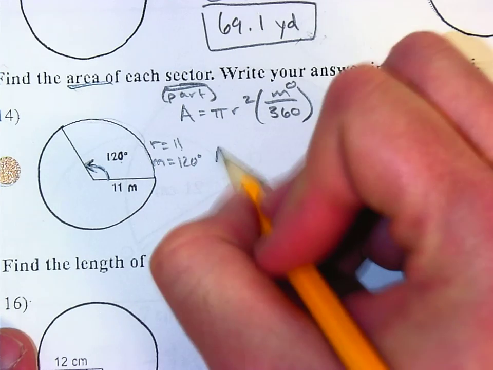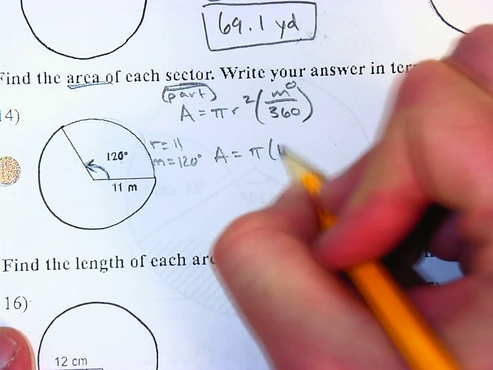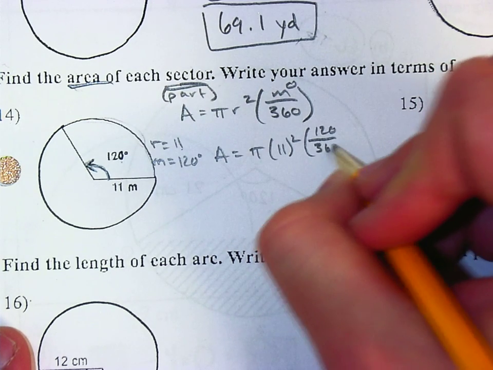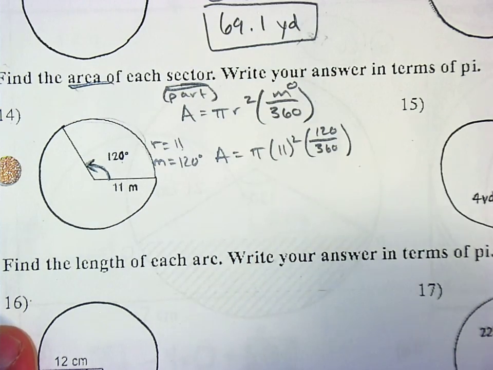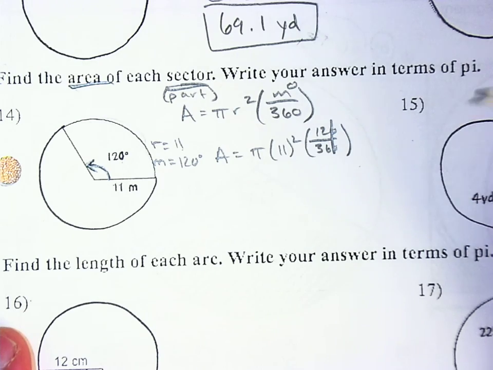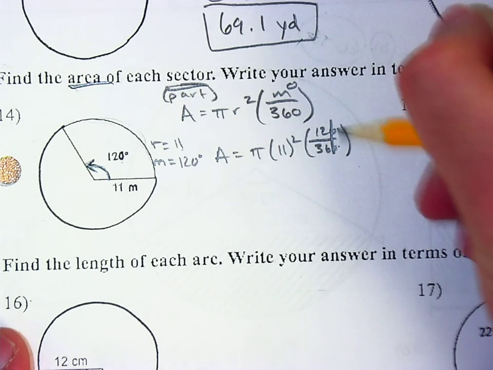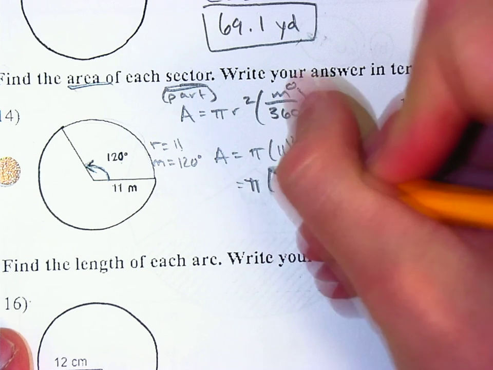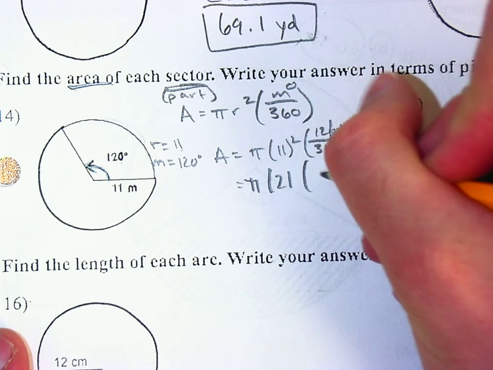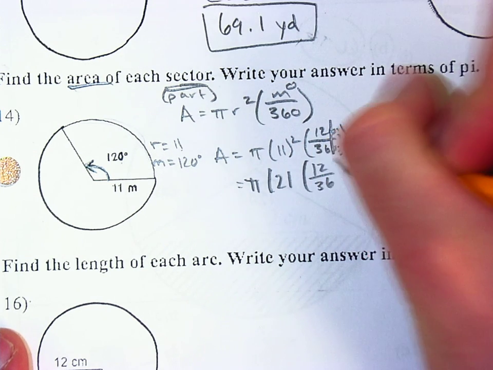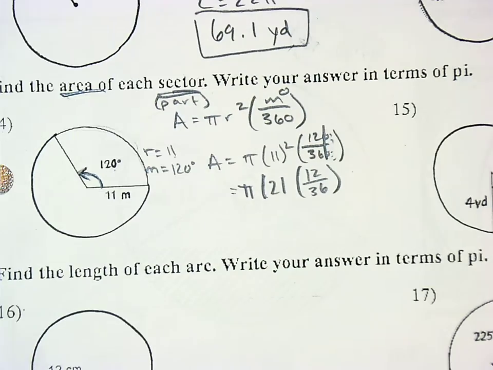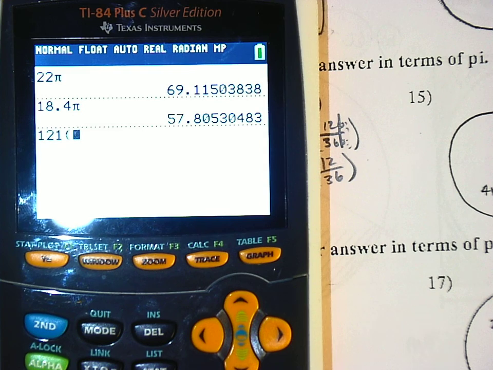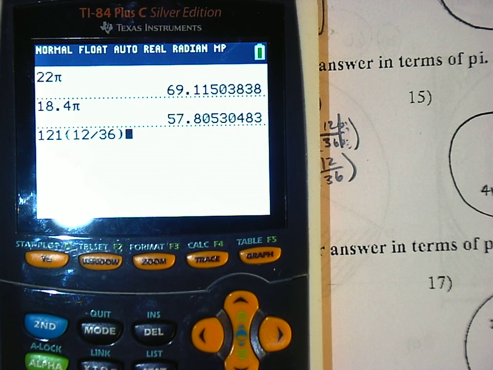All right, so area equals pi times 11 squared times 120 over 360. And I notice these zeros can cancel out. Remember, we can only do this with zeros. We get pi times 121 times this fraction, 12 over 36. I'm actually just going to put it in my calculator exactly how I see it.